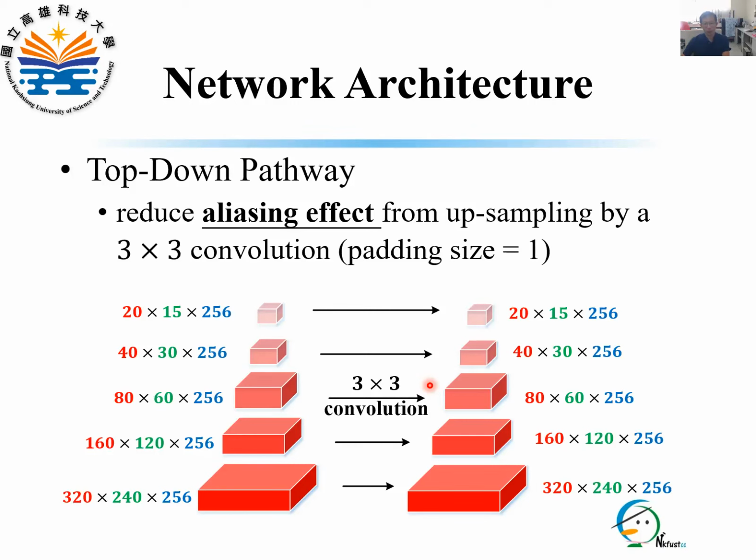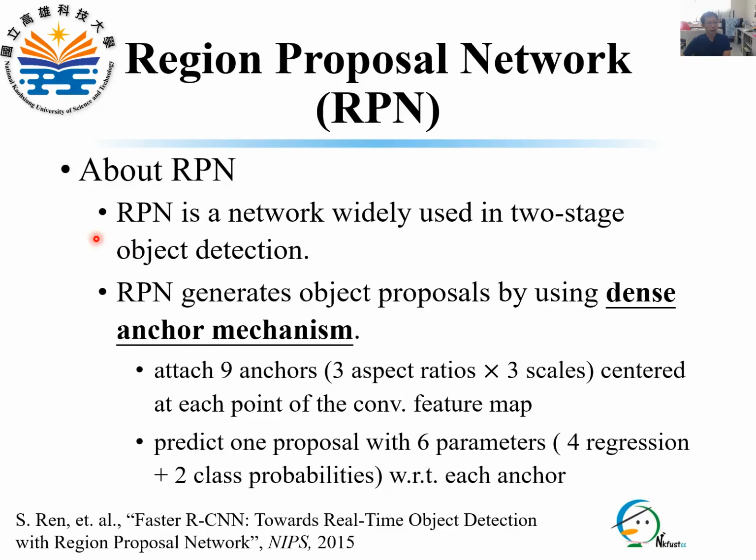Next, we will talk about how to adapt the FPN to a network called the RPN, short for Region Proposal Network. RPN was proposed in 2015 and is a network widely used in two-stage object detection.